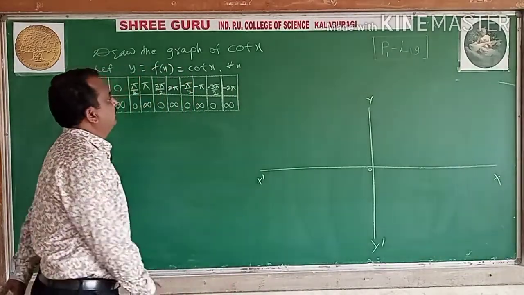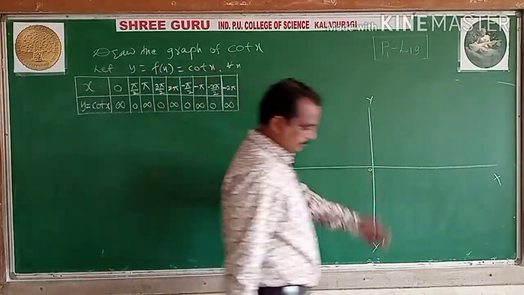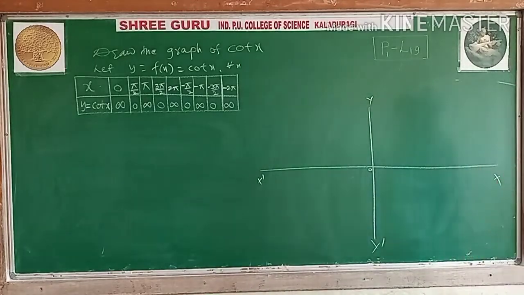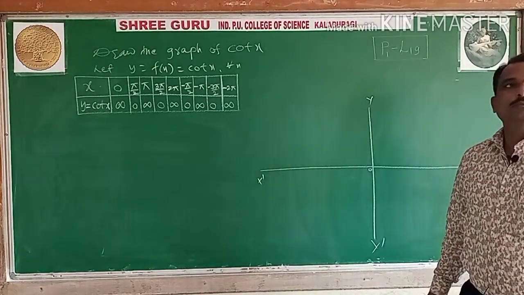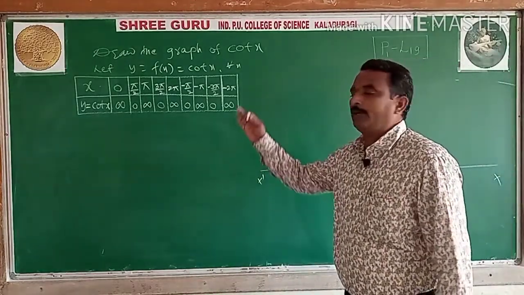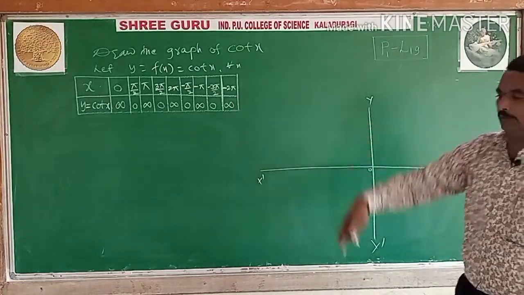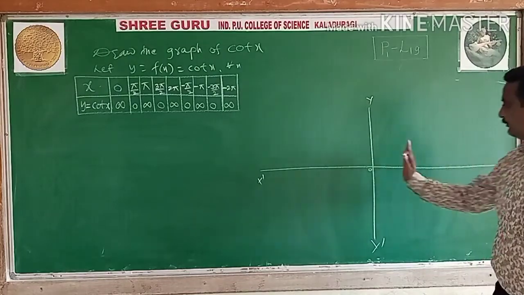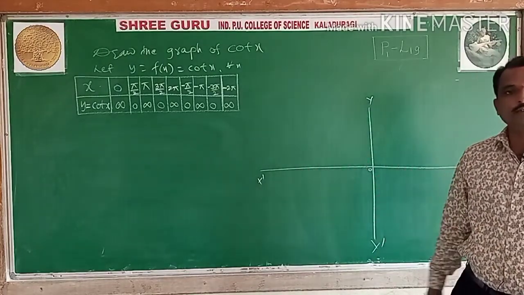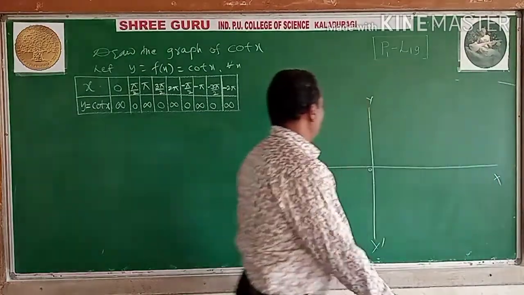Whatever x values we have taken as intervals, 0, pi by 2, pi, 3 pi by 2, 2 pi, I will mark on the positive x-axis, and the same values as negatives on the negative x-axis. So here we will mark the points.